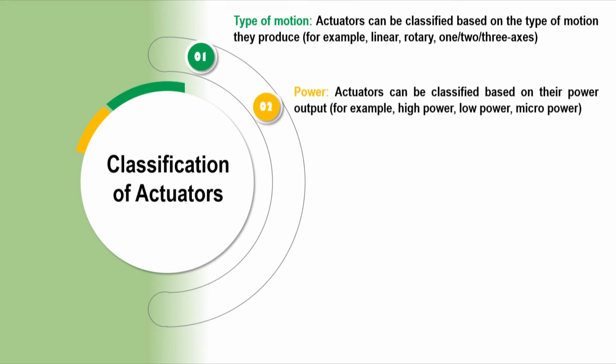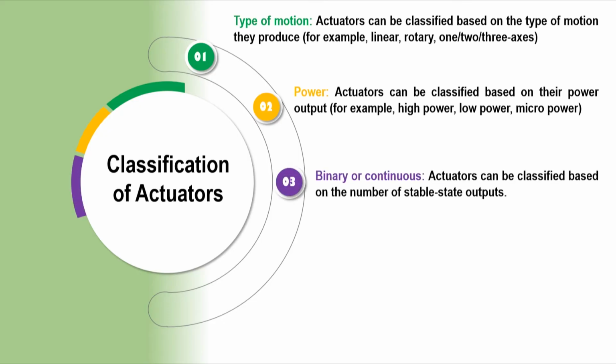Actuators can be classified based on the power output, whether high power output, low power output or micro power output. Next, actuators can be classified as binary or continuous, that means either giving a binary output or a continuous signal output.